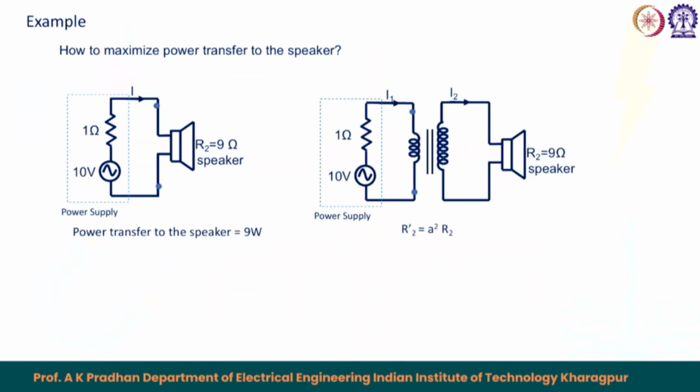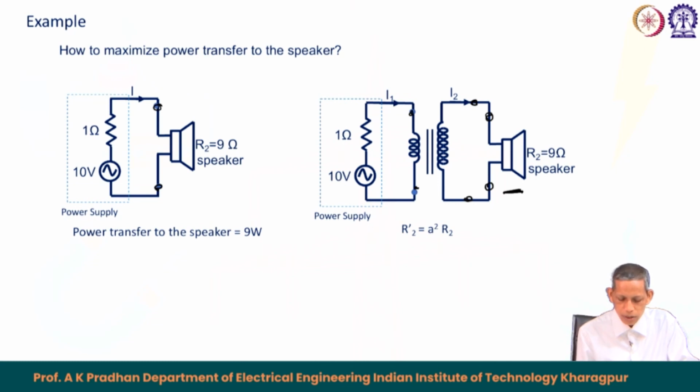So, from that we can connect a transformer across the terminals of the speaker as seen here, and this transformer is connected to the speaker. Now, what happens here, as you have studied, is that the resistance of the speaker is now connected to the secondary terminal of the transformer here.